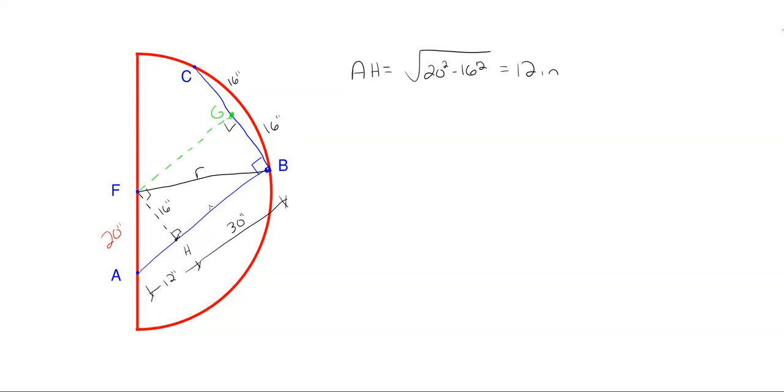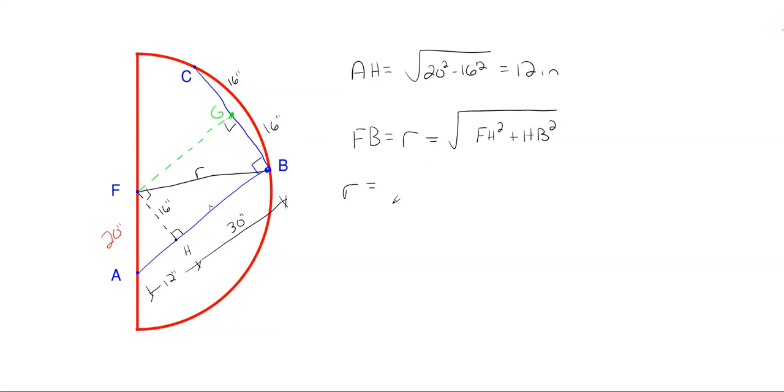I have a right triangle here from the 16 inches from FH and the 30 inches from H to B. So I can use the Pythagorean theorem once again, with FB being my radius.